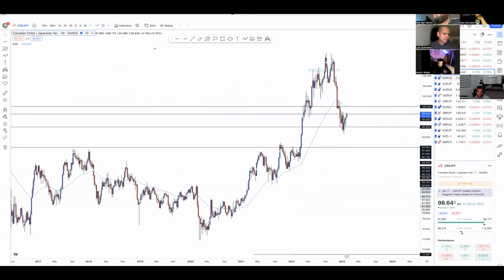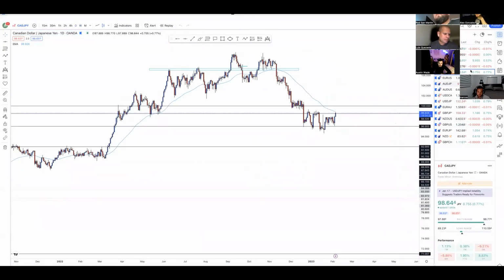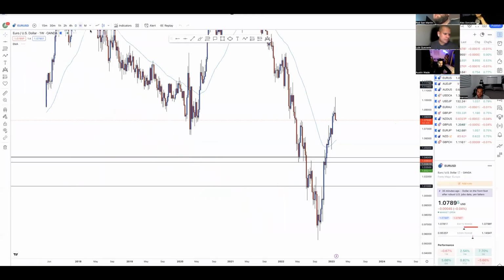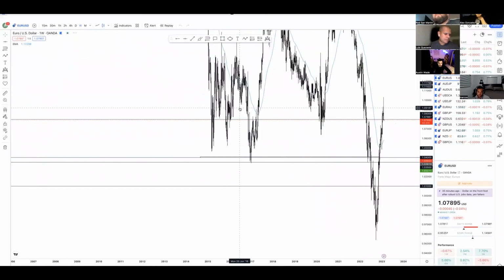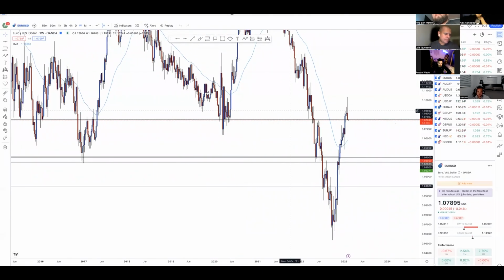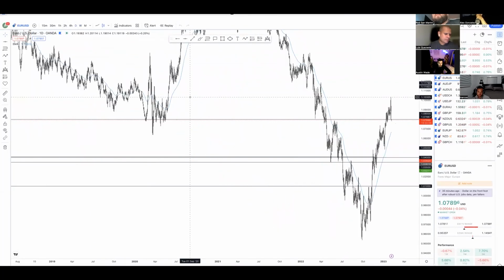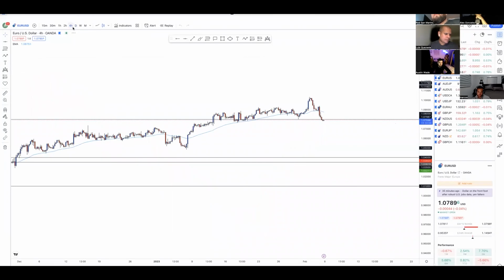CAD JPY. I'm good. Euro USD. Hmm. I mean, we are pulling up to a nice zone.